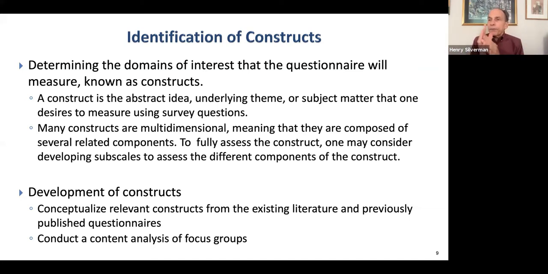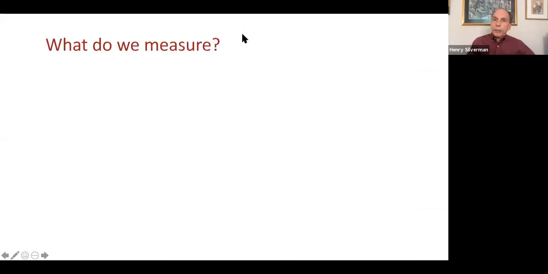So let's say you're doing a study about responsible conduct in research and you want to know all the different misbehaviors. Well, you could get that from the existing literature or look at previous questionnaires, or you could analyze focus groups of, let's say, researchers or members of the IRB to make sure that you're getting a complete content of your construct. So what do we measure?